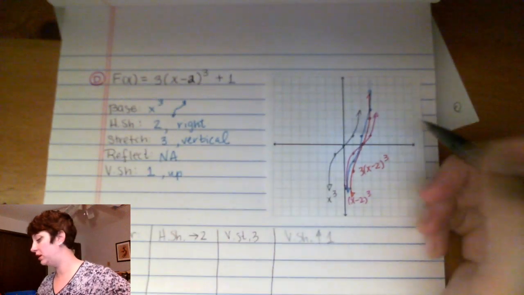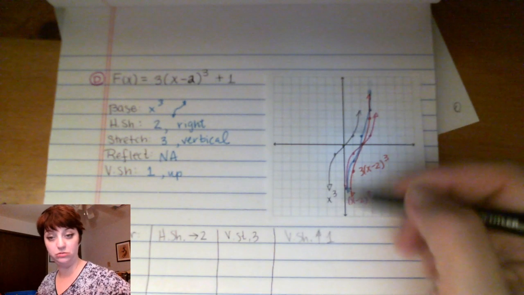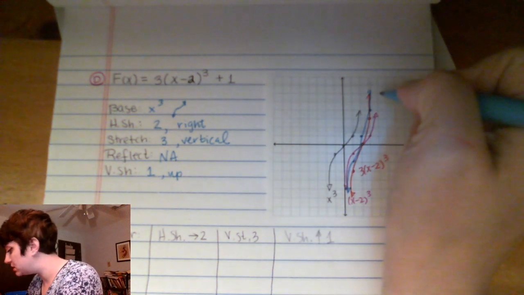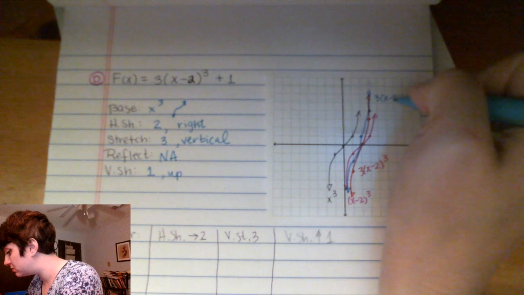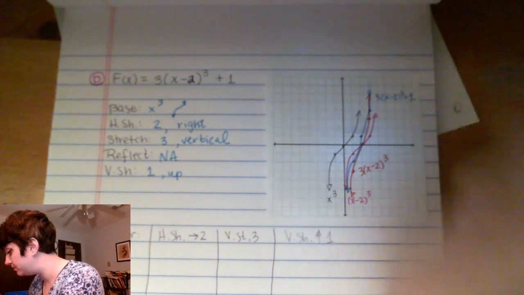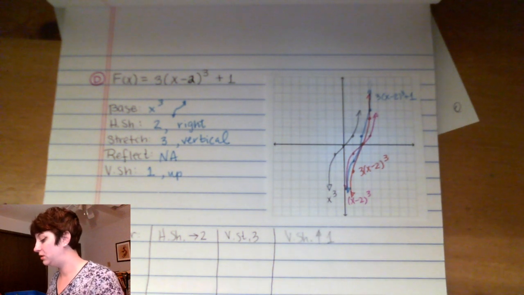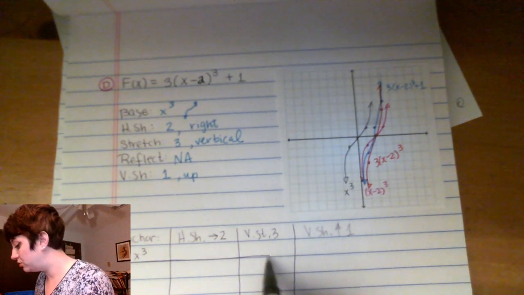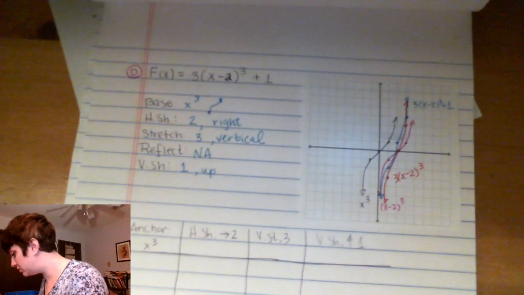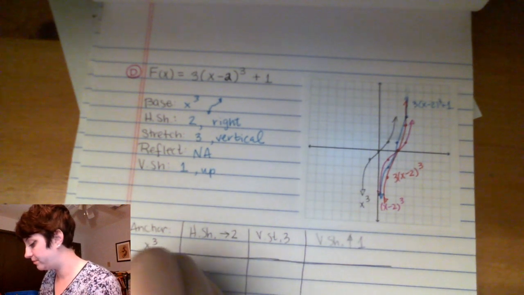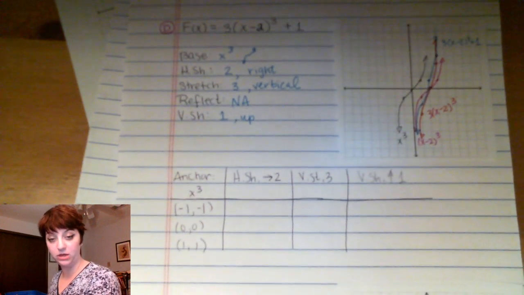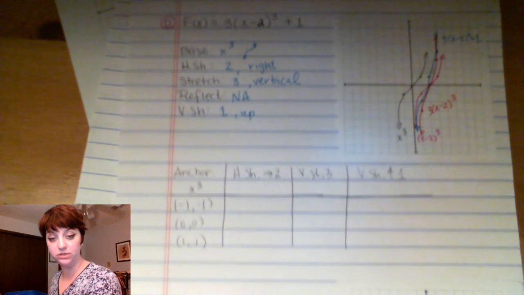So if you do one at a time, have each of them and then you just label which one's correct. So this is the 3 times x minus 2 cubed plus 1. Okay. So x cubed, remember our anchors are usually negative 1, 0, 1. Still true in this case. All right. Negative 1, 0, 1.